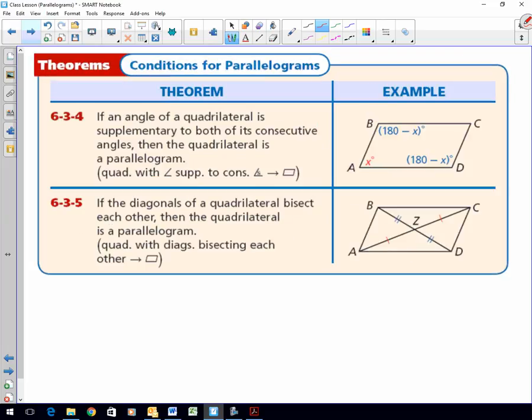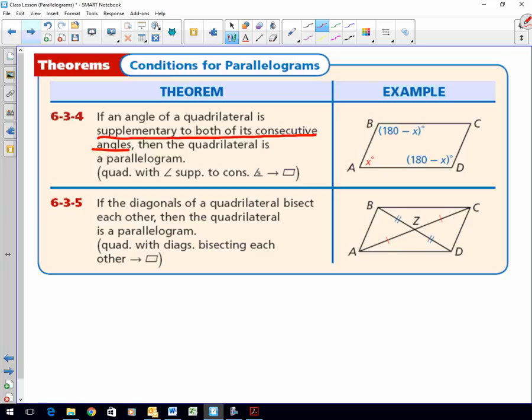parallelogram. If an angle is supplementary to both of its consecutive angles, well, I thought that's nice, right? If angle A is supplementary to B, and if angle A is supplementary to D, voila, I have myself a parallelogram.